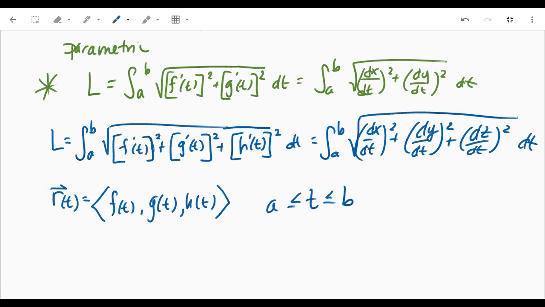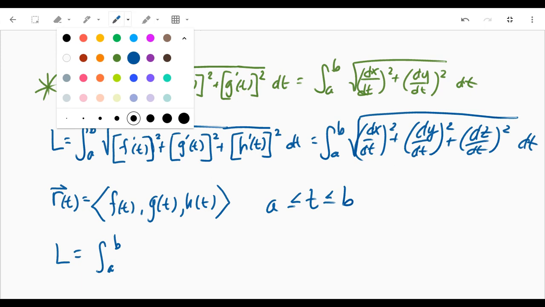Okay, another way to put that is L is just the integral from a to b of r prime of t squared. Oops, the magnitude. Hold on, not squared. Getting ahead of myself here.